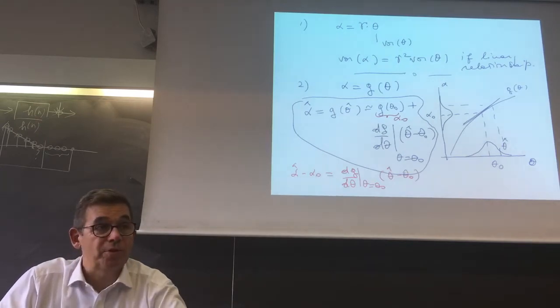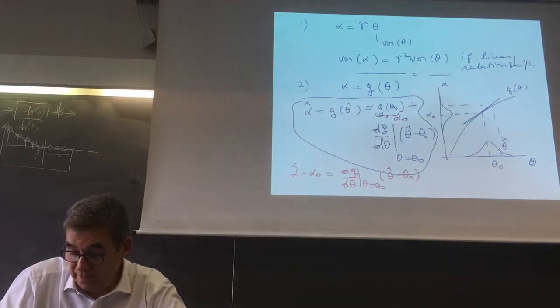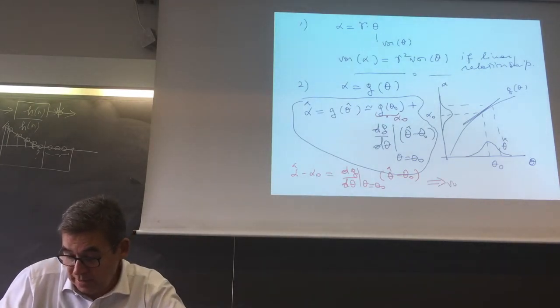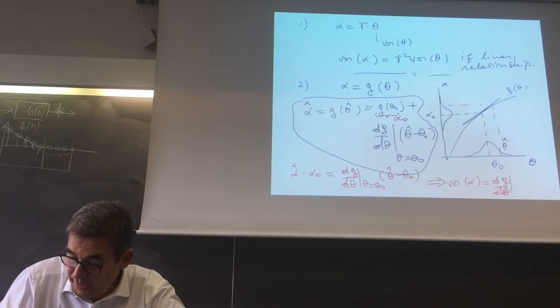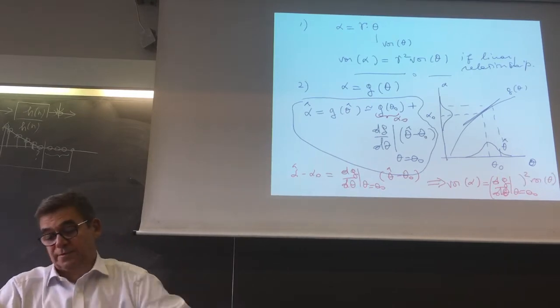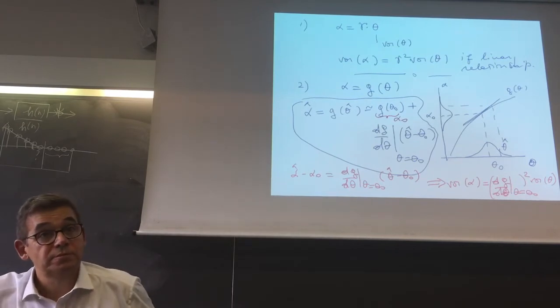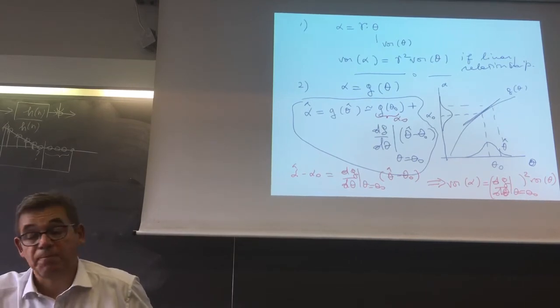So the variance of alpha is equal to the derivative of G with respect to theta at theta equal theta 0, squared, times the variance of theta.